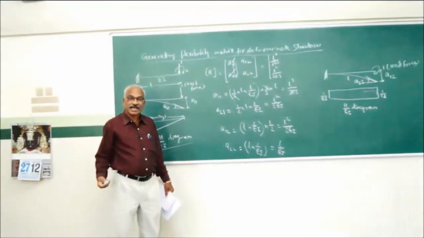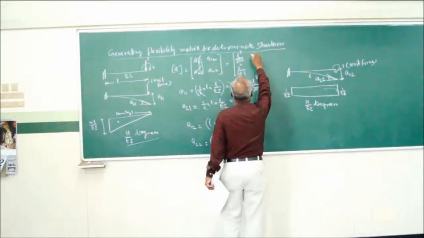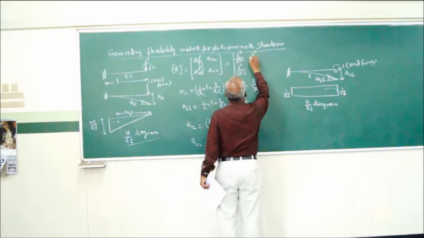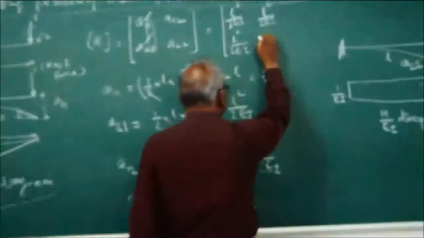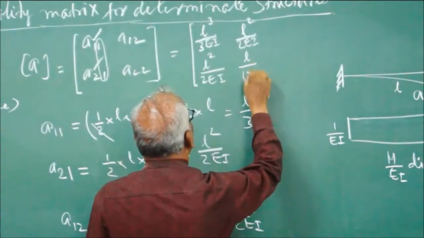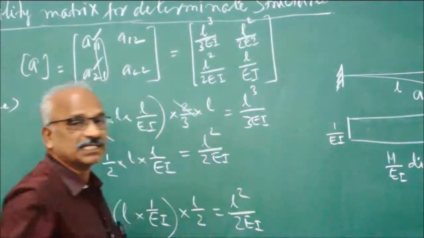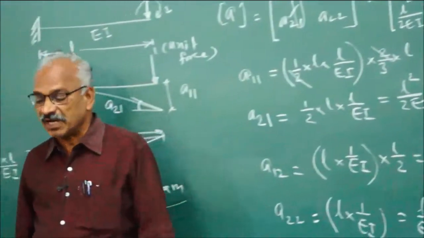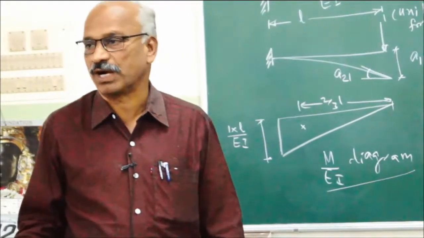Therefore, the second term of the flexibility matrix will be L square by 2EI, and L by EA. That is about the flexibility matrix for the given cantilever with the 2 coordinates.